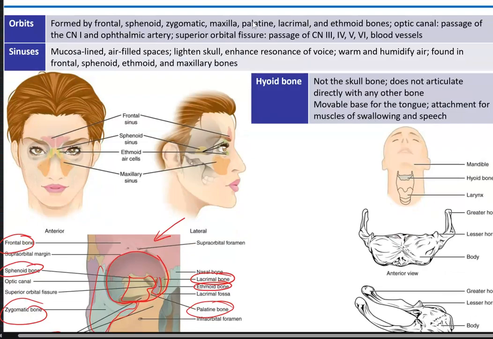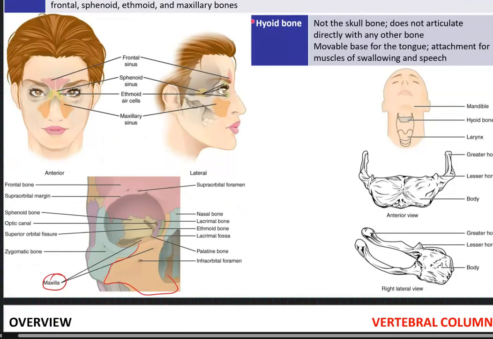Okay, so there's a bunch of openings there. If you look at it, for instance, there's an optic canal shown here. Your optic nerve reaches the brain through the optic canal.